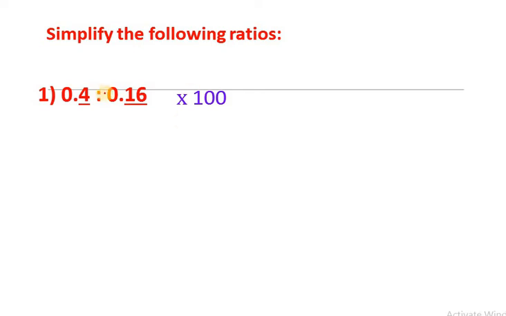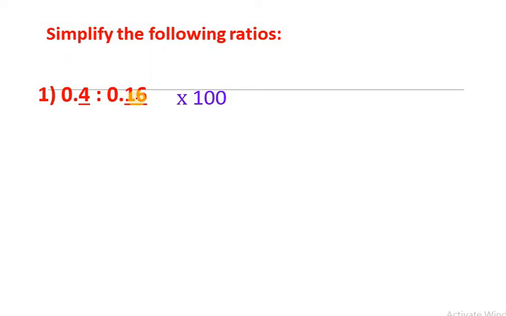So here I have 0.4 and 0.16. I need to get rid of this decimal point. So what should I do? Here 0.4 is in the tenths place and here 0.16 in the hundredths place.